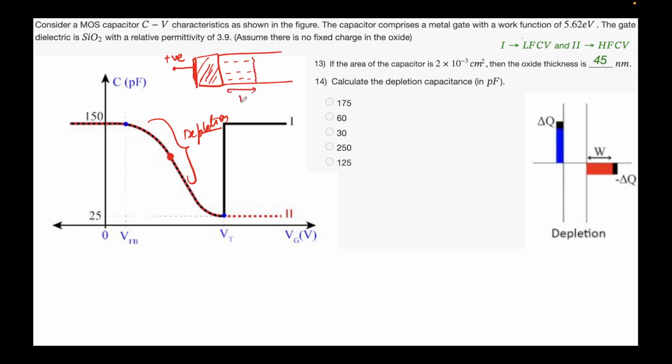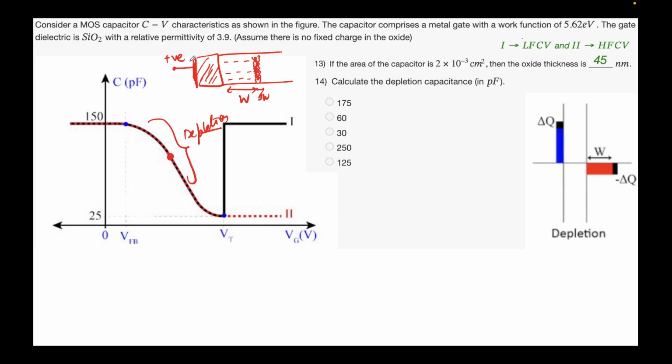Let's say its width is W. Just like in the p-n diode, there's a charge distributed, and there is a capacitance we associate with it. We model it with a capacitor. Any additional charge, let's say delta Q, that you put on the metal gate has to be counterbalanced by a charge accumulated in the depletion region.